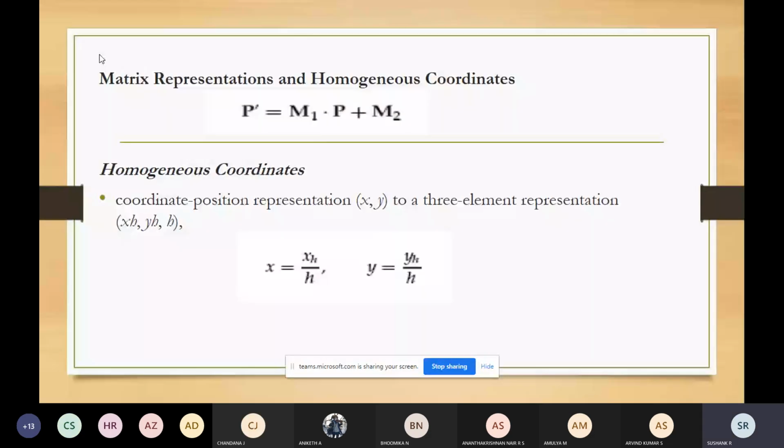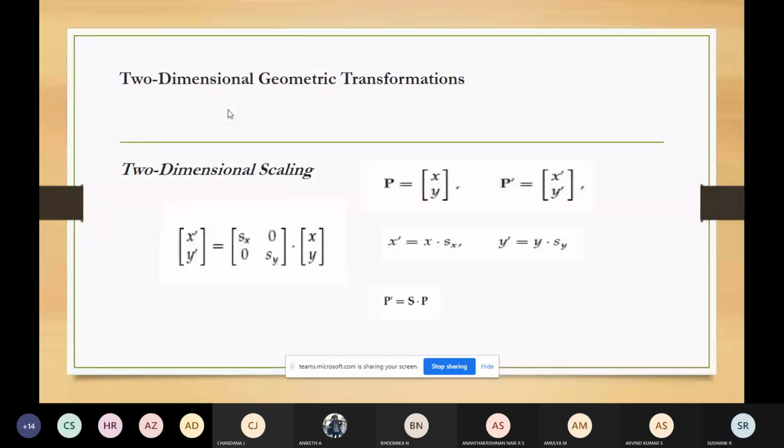You're able to see this now, right? One second, I'll just change the slides also. Just check whether you're able to see that too. Is the slide visible now? Two-dimensional geometric transformation, subtopic two-dimensional scaling. Is this topic visible? Yes, sir. If the slide is not visible in between, just let me know so that I can check the reason.